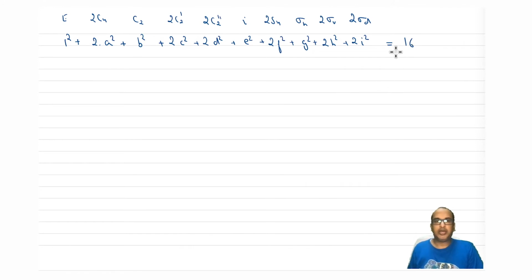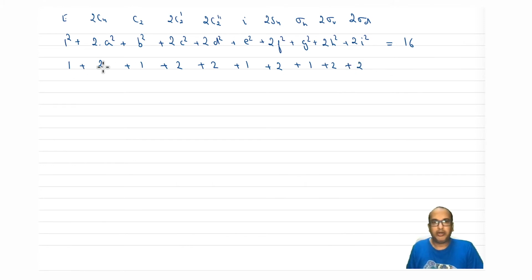Okay. So now if I put all of them as 1, do I get the value 16? Let us see that. So this gives me 1 plus 2 plus 1 plus 2 plus 2 plus 1 plus 2 plus 1 plus 2 plus 2.